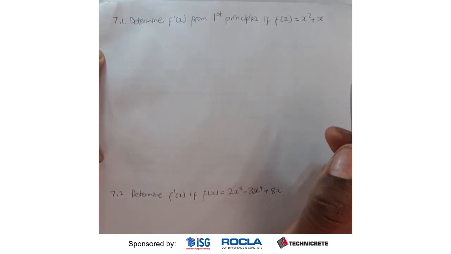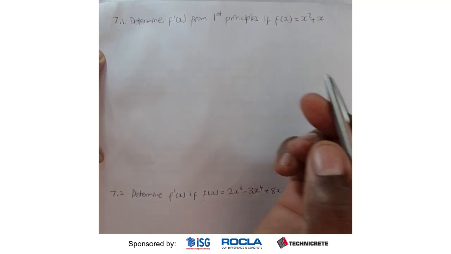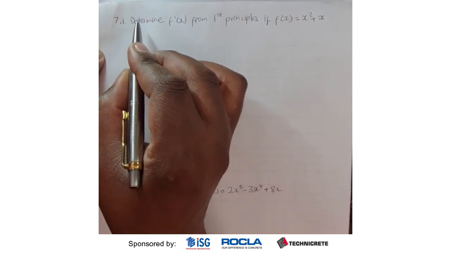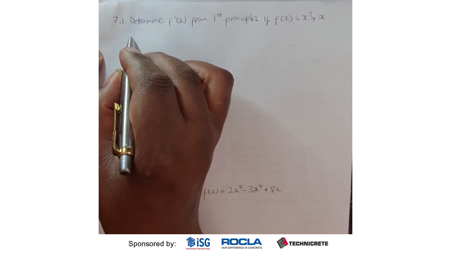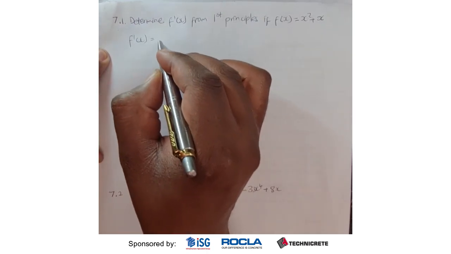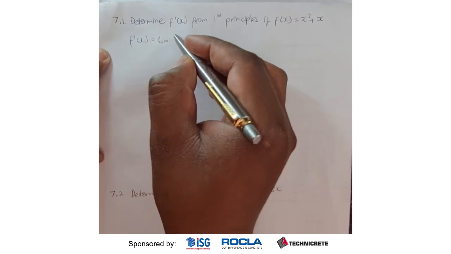From first principle, always what they're looking for is for us to determine the differential of f at x using this formula. So this will be in your formula sheet.